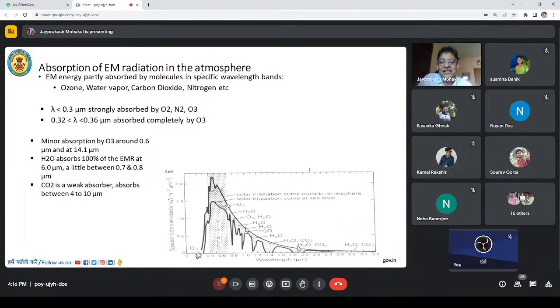Now you see in the visible range also there is a gross reduction of solar energy coming right up to the sea level, right?